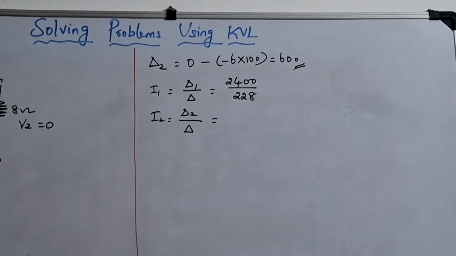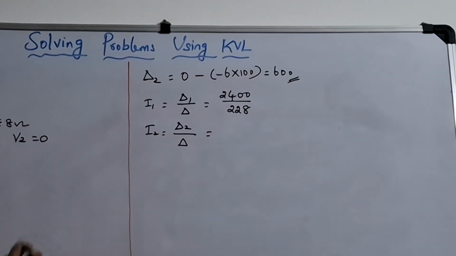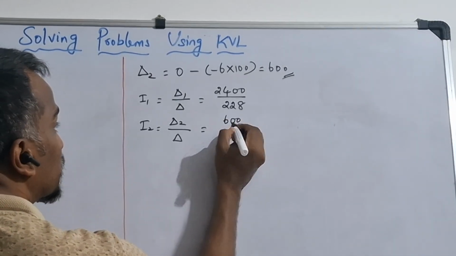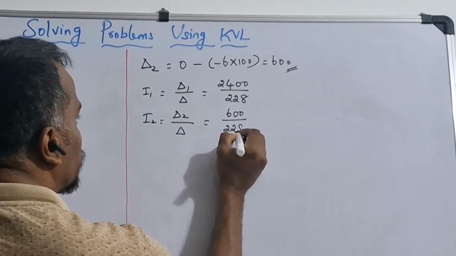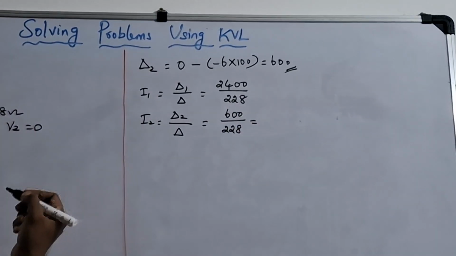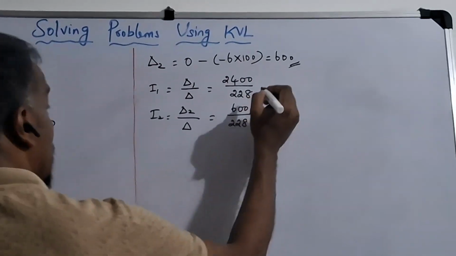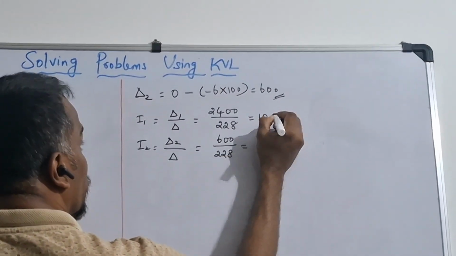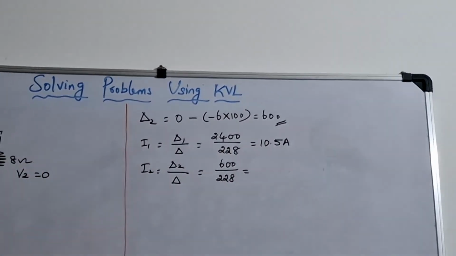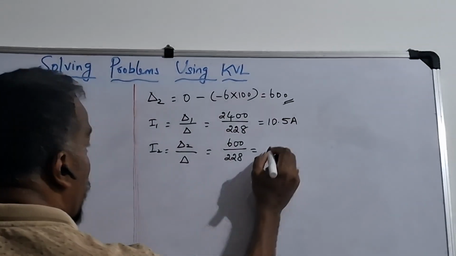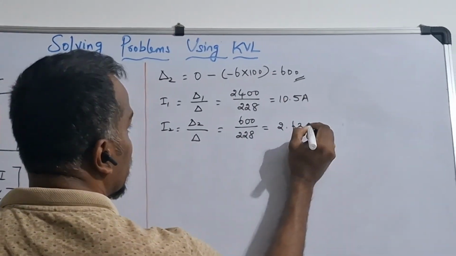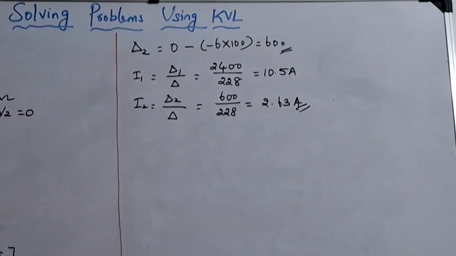I2 is delta 2, 600, divided by delta, 228. Let me check the final value: I1 is 10.5 amps and I2 is 2.63 amps.